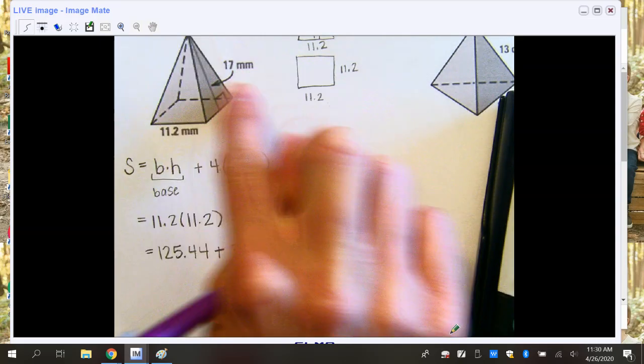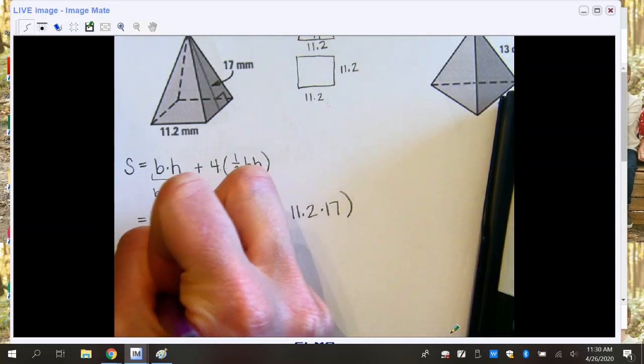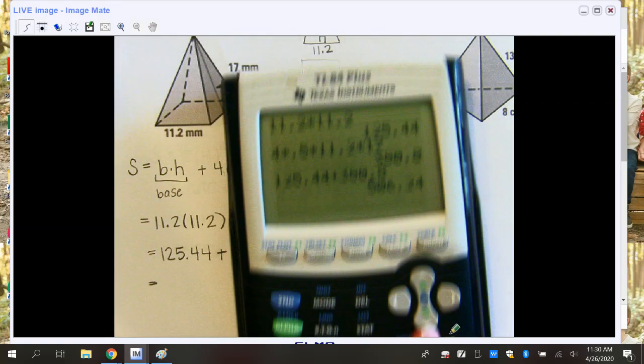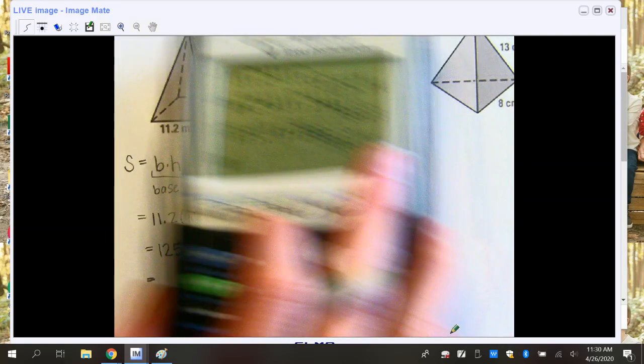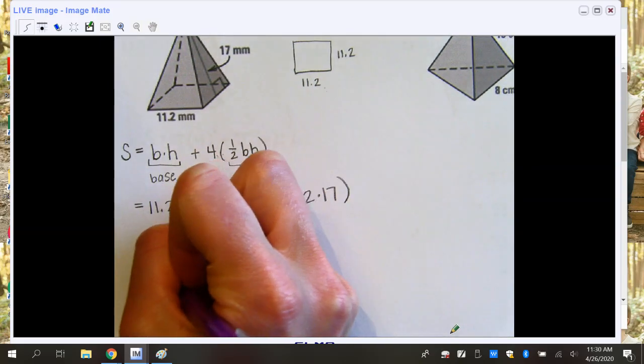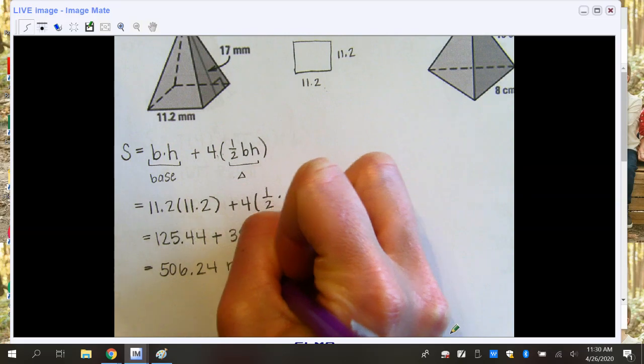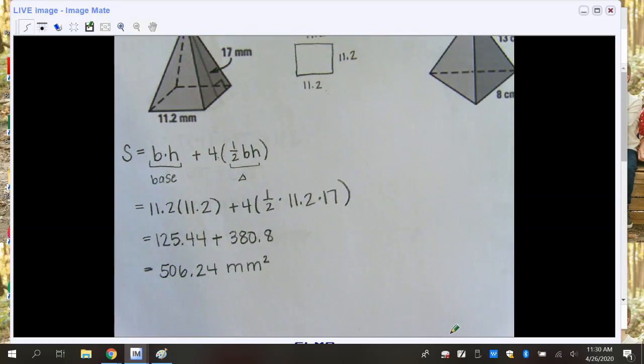This is the total area of all 4 triangles on the outside. So my total surface area is going to be the sum of those pieces, which is going to be 506.24 millimeters squared. Okay.